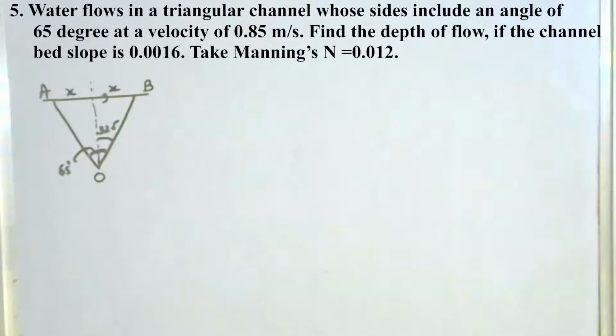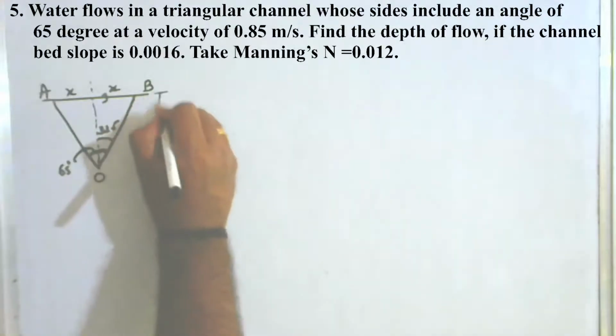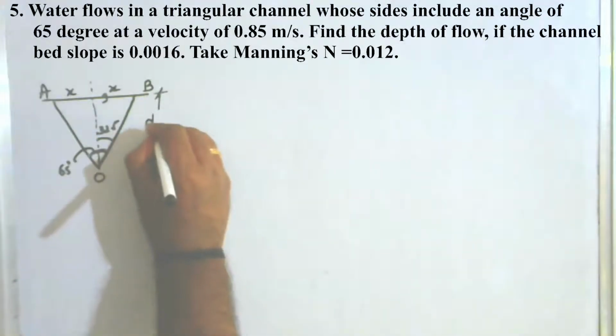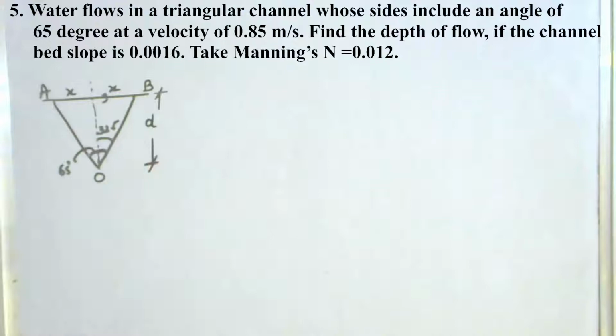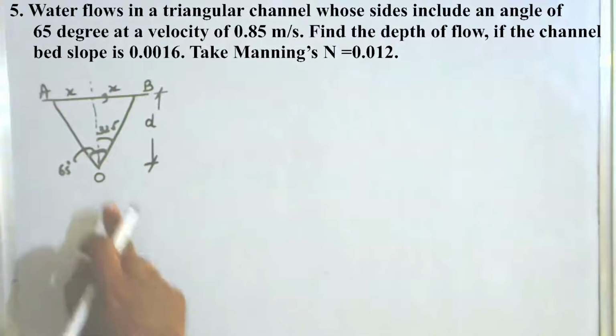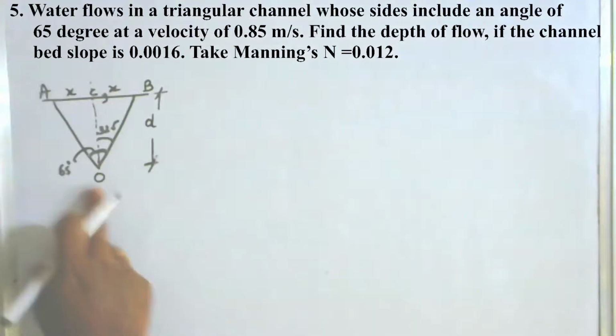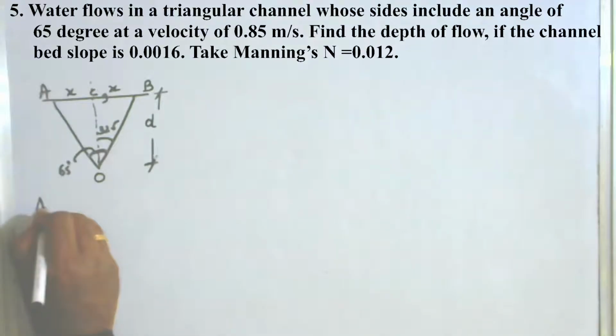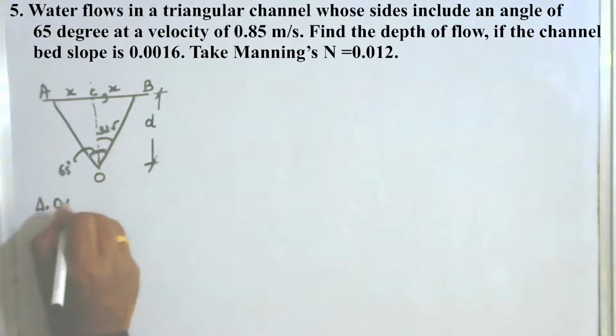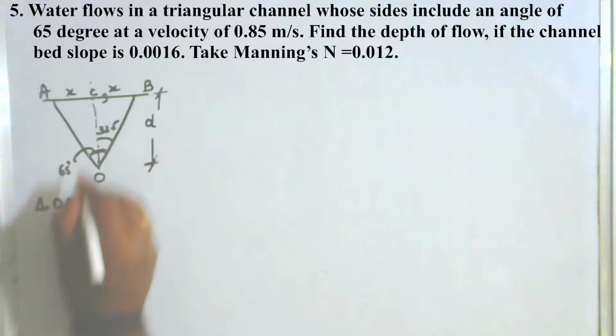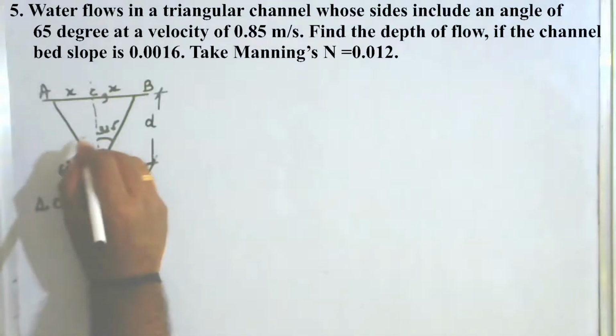Okay. So in the problem you have to find the depth of flow D also. This depth I take as D. D is the depth of flow. This too I take as X. So from the triangle, the center I take as C. So from the triangle OAC, this angle is also 32.5.